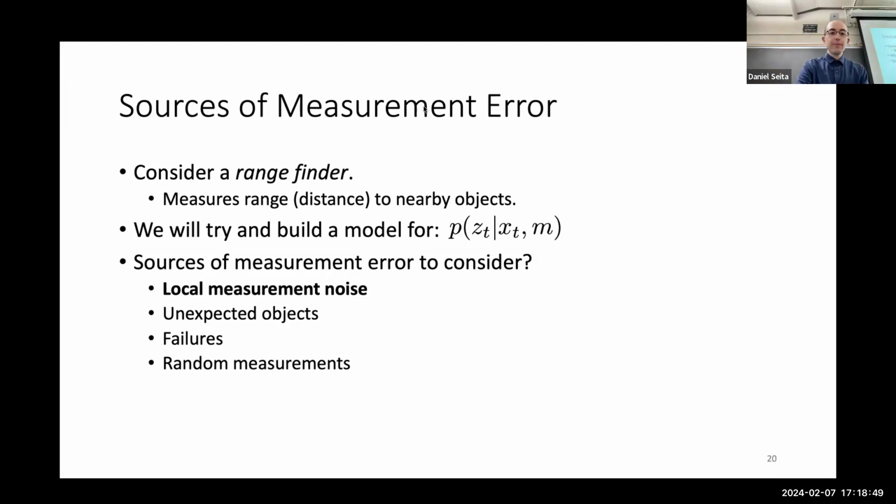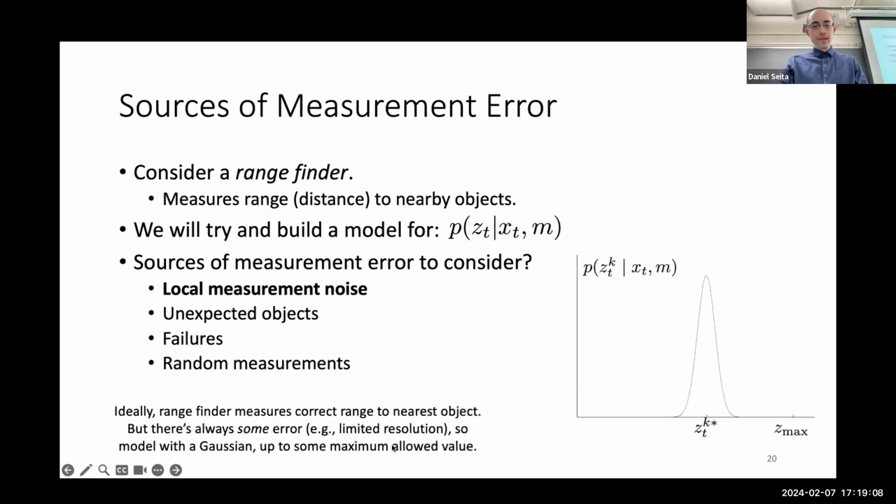Here the rangefinder is measuring one distance, a single variable, so that we can plot and visualize it. In practice, you would have many different variables, but this is just to make it fit on a PowerPoint. Each of the four measurement noises has a corresponding distribution that characterizes how we're going to model that particular type of error.